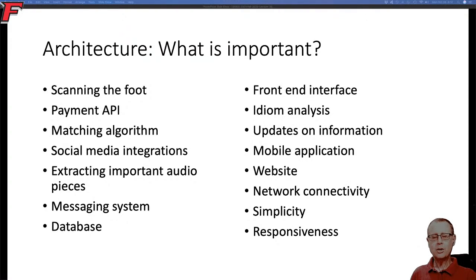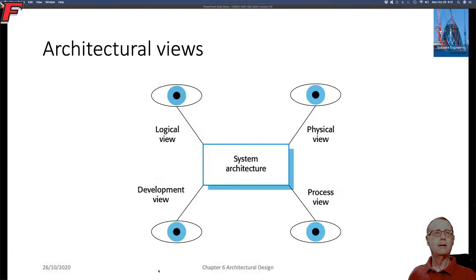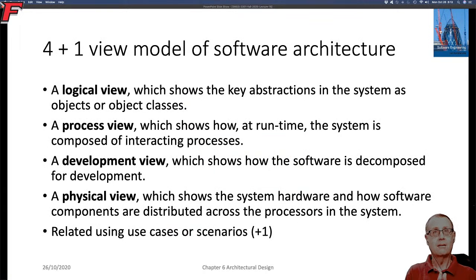So we want to talk about the architecture, and there are various ways to look at it. There's a logical view, a development view, a process view, and a physical view. So there's a quick listing of what they're about.